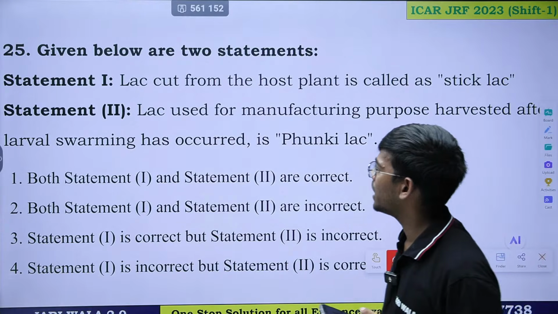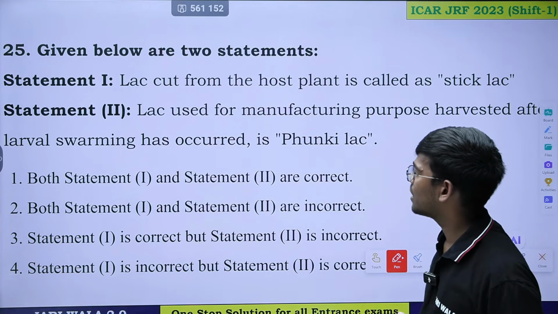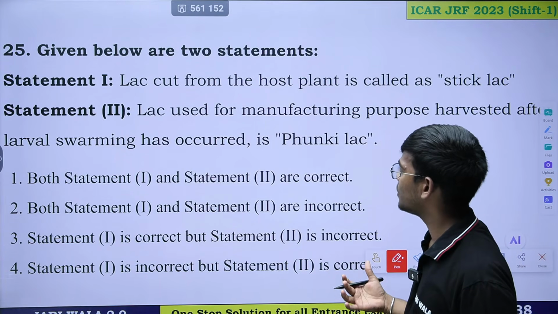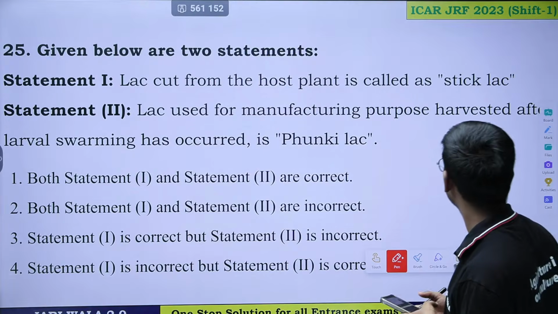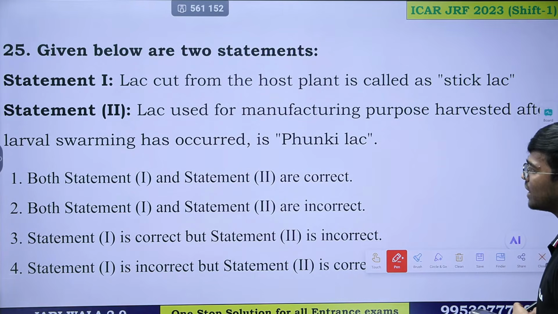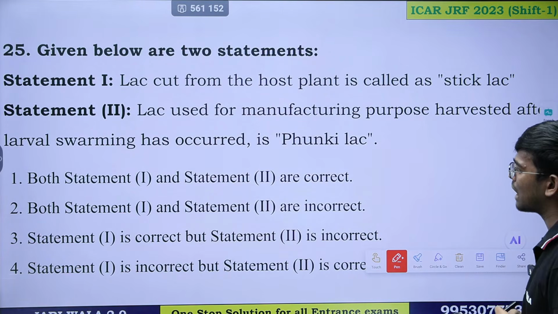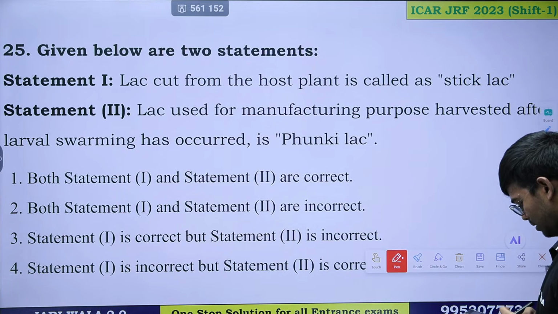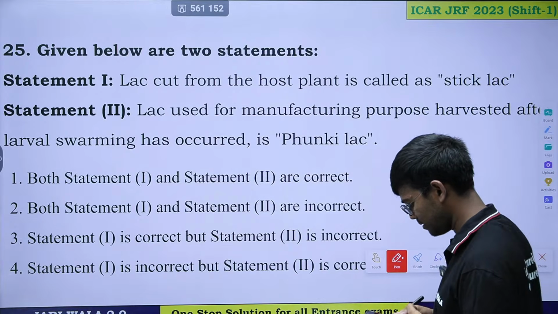Given below are two statements. Statement one: lac cut from the host plant is called stick lac, and statement two: lac used for manufacturing purposes, harvested after the larval swarming has occurred, is called punki lac.